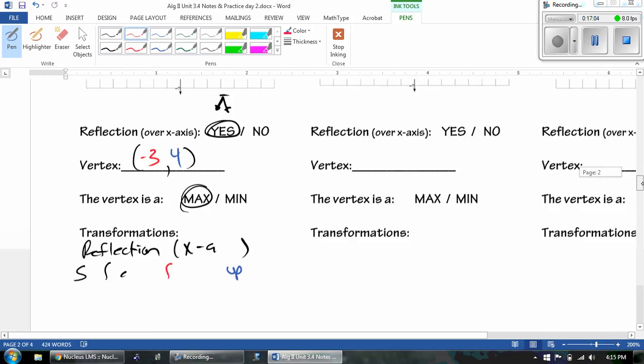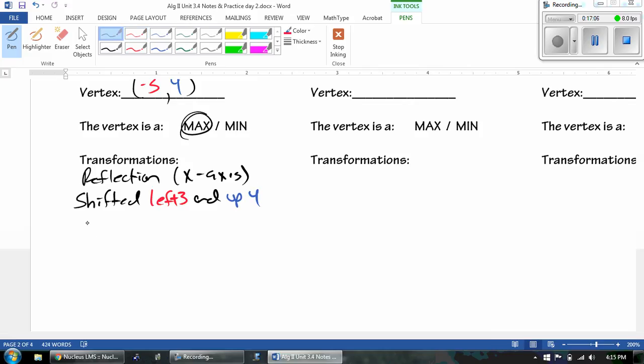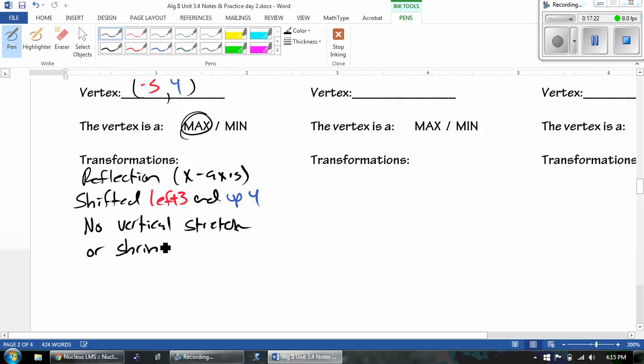So when it's 1 over 1, there is no vertical stretch or it being shrink or shrunk, however you want to say it.